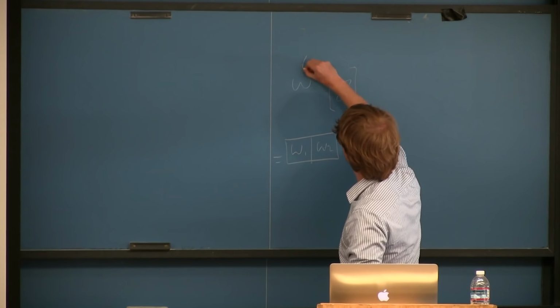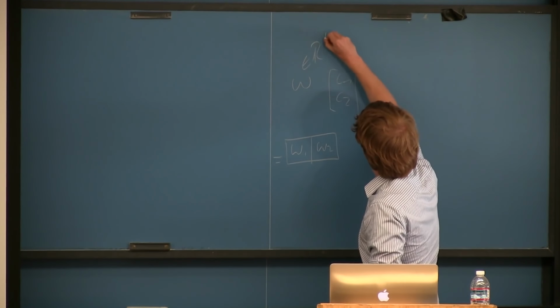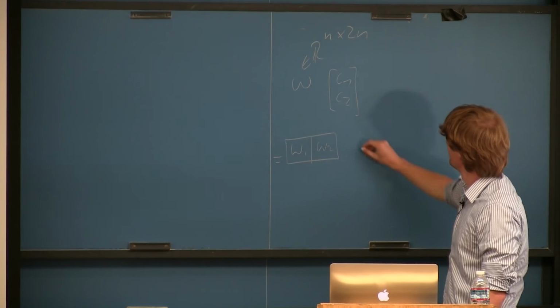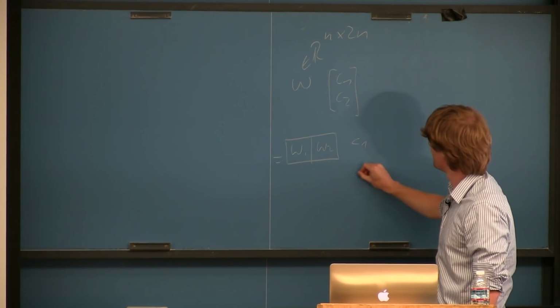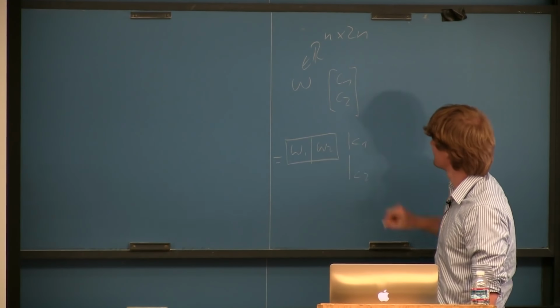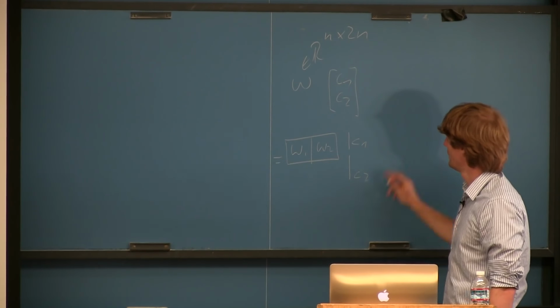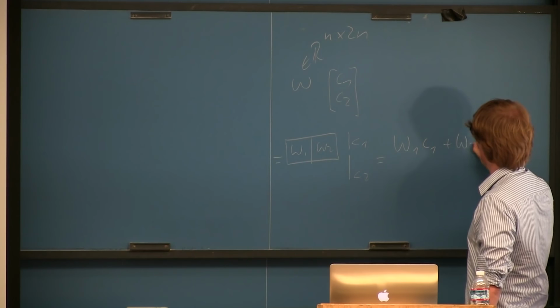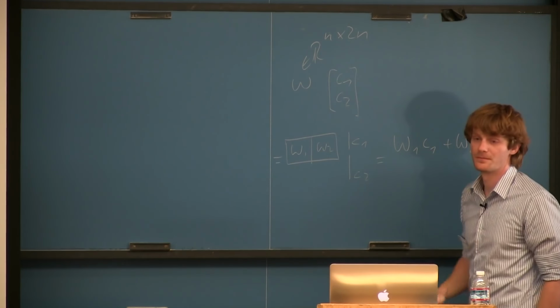So like we said, this is an R n by 2n matrix. And we have here C1 and C2 as our vector representation. And now this is actually equal to W1 C1 plus W2 C2.